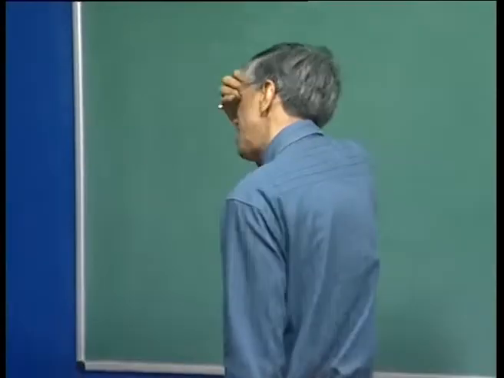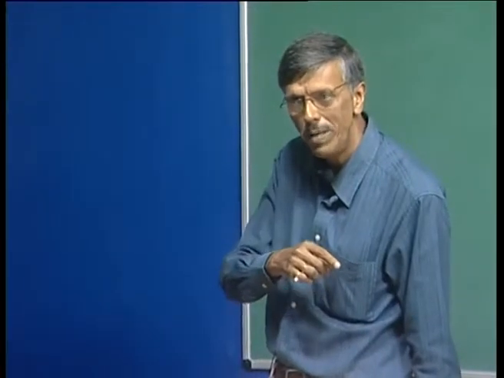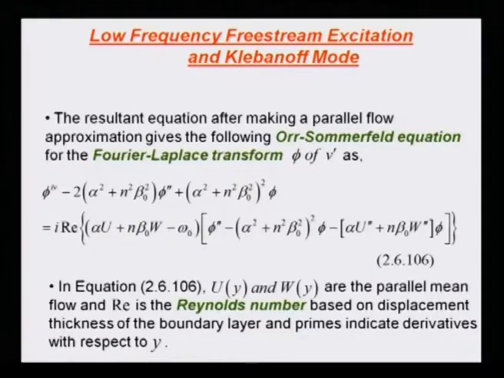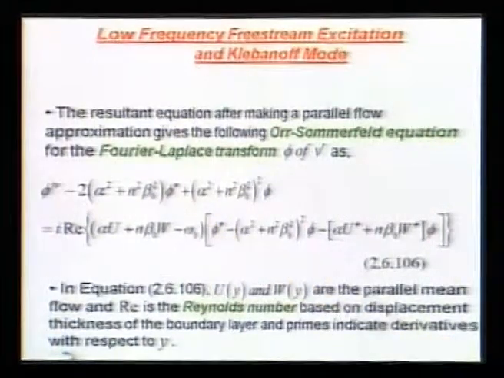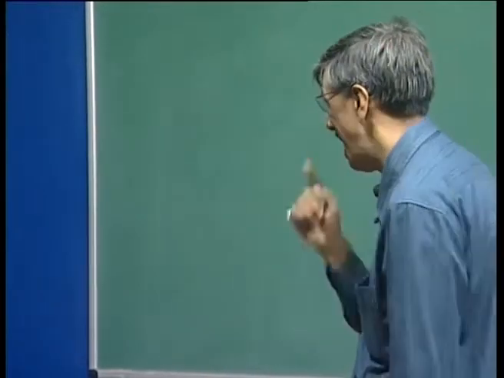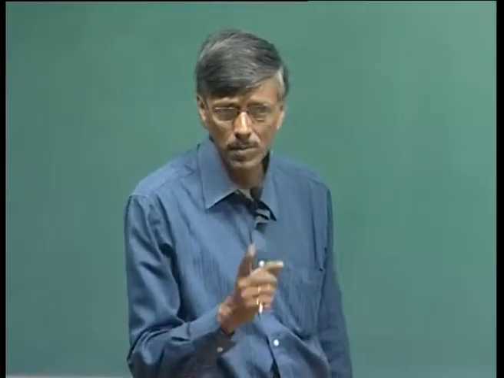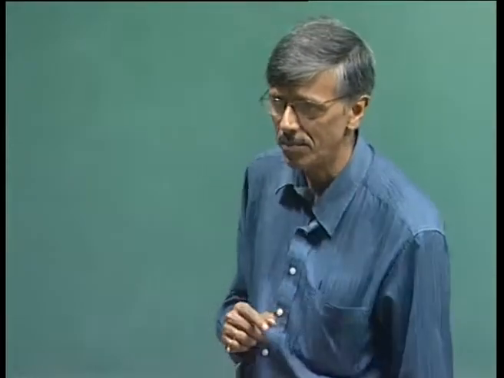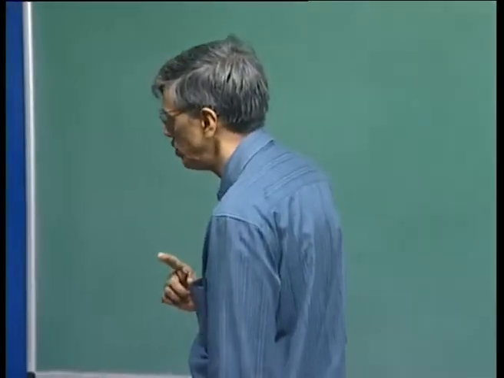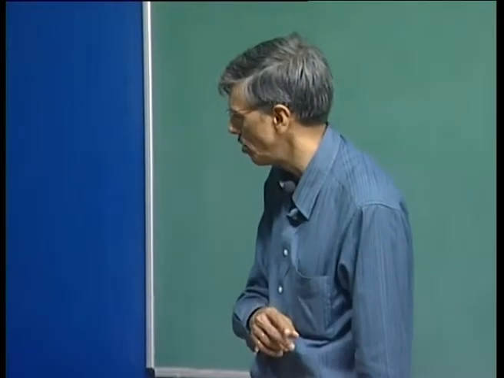The only difference here is that instead of the span-wise wave number beta square, we have taken those discrete span-wise wave numbers which are given by n square beta naught square, right. So, this is what we have done. So, you should be able to see that. However, I must tell you what Taylor and Gaster did. Both of them, both these groups, well, Taylor was alone and Gaster had co-authors.